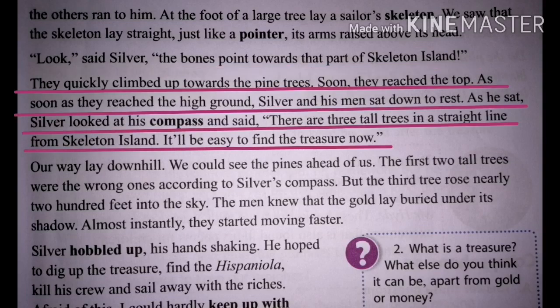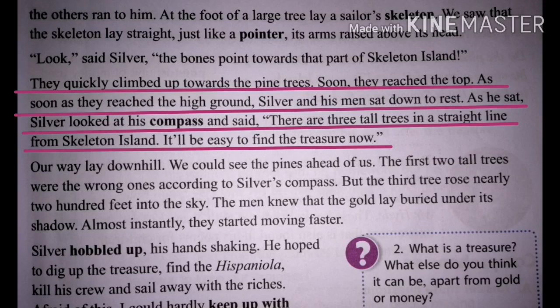They quickly climbed up towards the pine trees. Soon they reached the top. As soon as they reached the high ground, Silver and his men sat down to rest. As he sat, Silver looked at his compass and said, "There are 3 tall trees in a straight line from Skeleton Island.